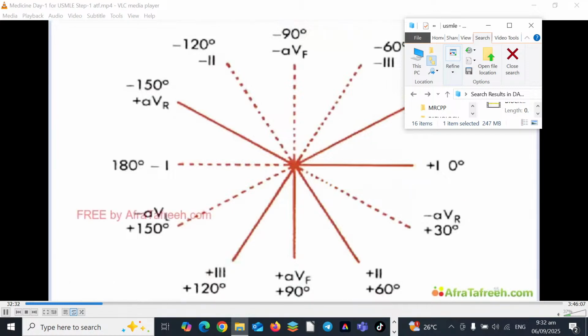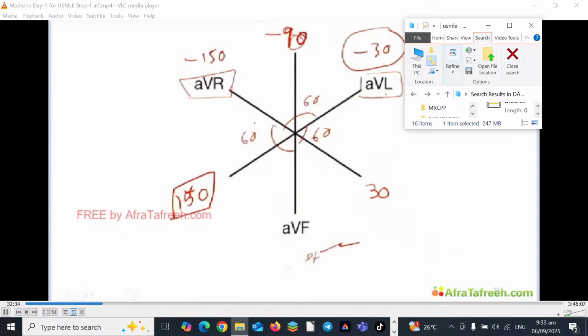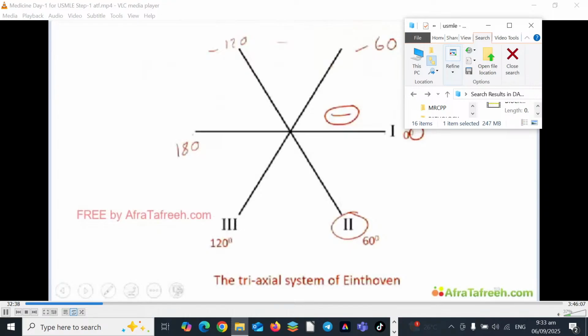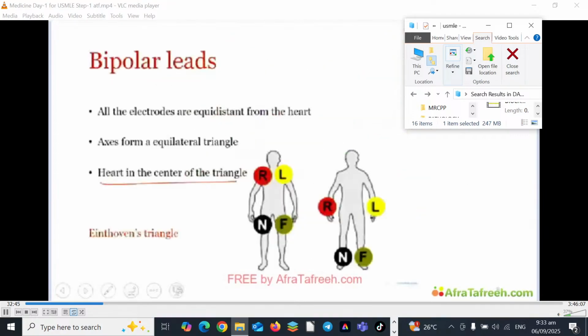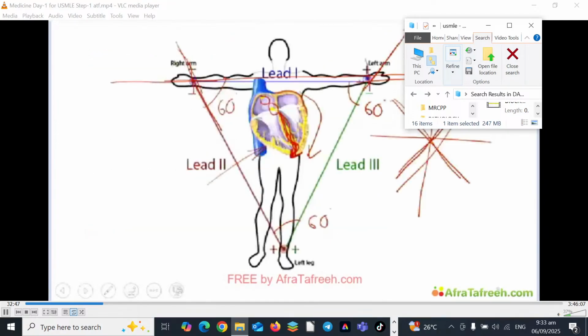What we said was, when we first had the patients, we were developing a system, okay? When you saw this, this was the person who had the leads placed at different areas, okay? So this was your lead 1, lead 2 and lead 3. I hope this much point is clear.